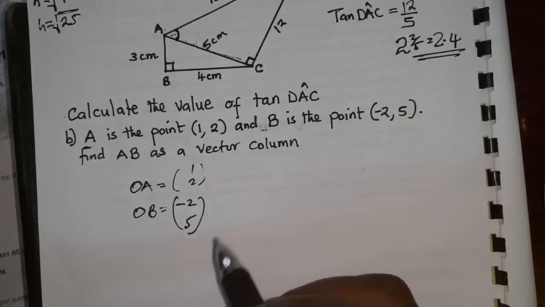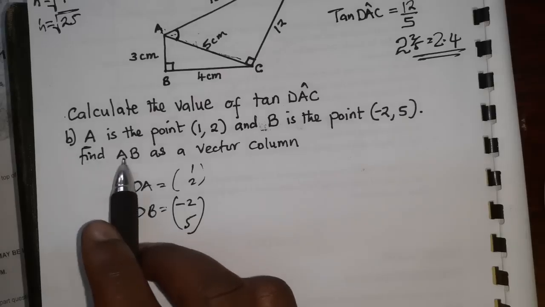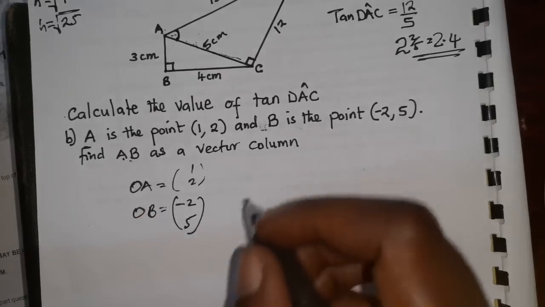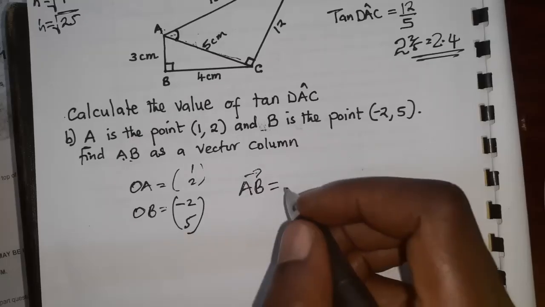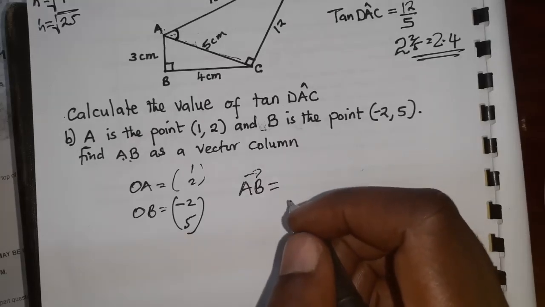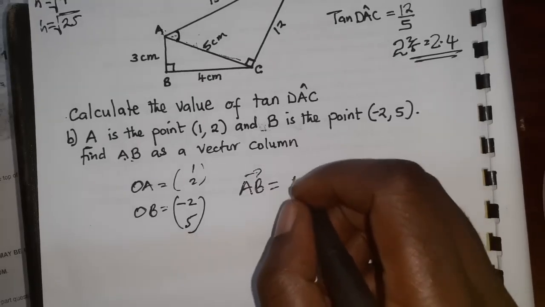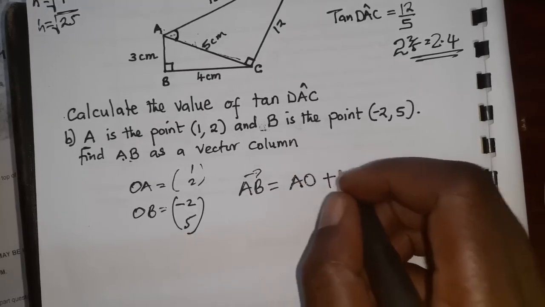Now when we say find AB as a column vector, AB is equal to AO plus OB.